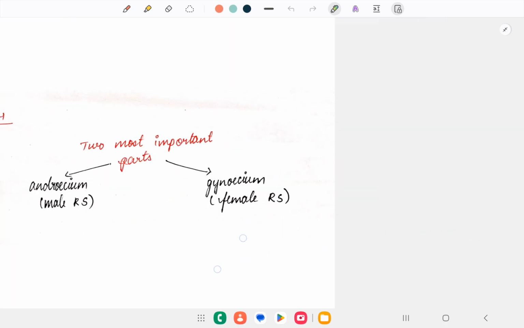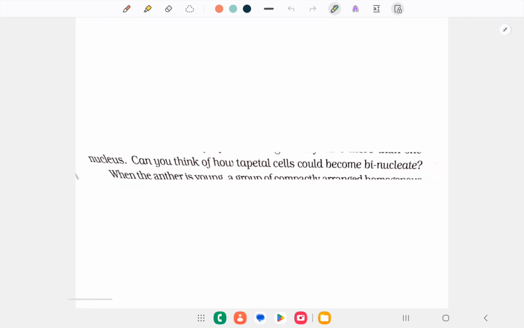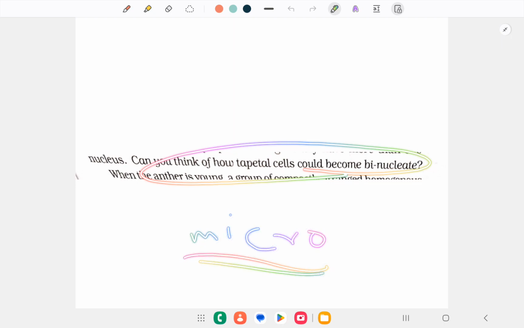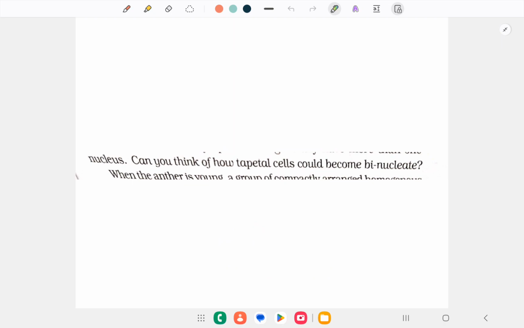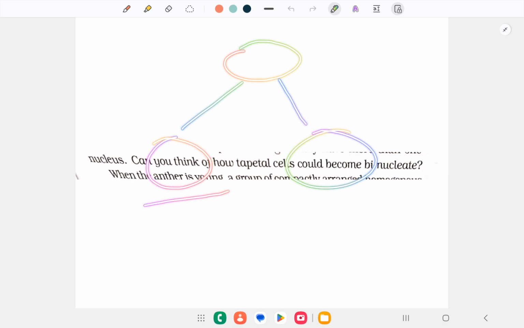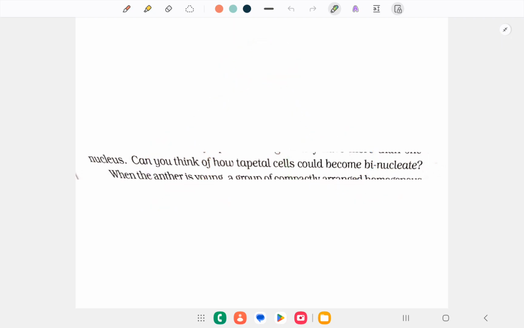Moving on to the next question, which is present in page number 5. Can you think of how the tapetal cells could become binucleated? Basically we can find these tapetum cells in the microsporangium. By the process of endomitosis. Mitosis is a process by which a single cell will divide into two with equal number of chromosomes.